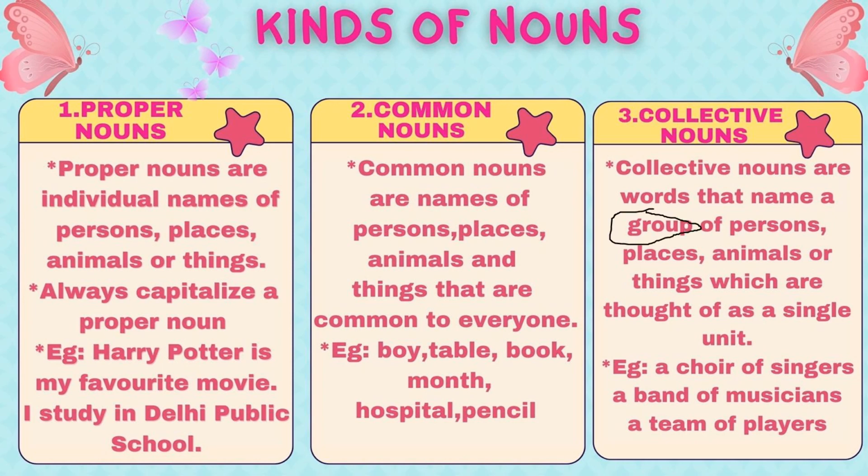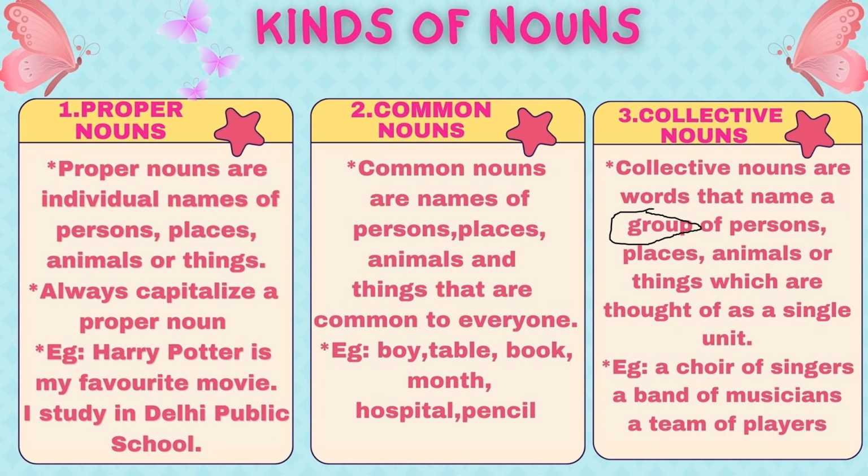Okay. So I'll give you a very simple example. Like if you have a flower, so what will you call it? A flower, right? But if you have more than one flower, then obviously you can say many flowers, but there has to be some different word for it, right? So we will call it a bouquet of flowers.